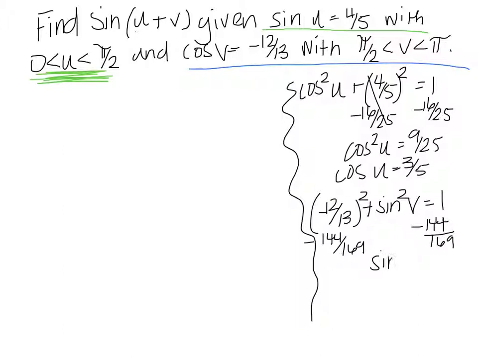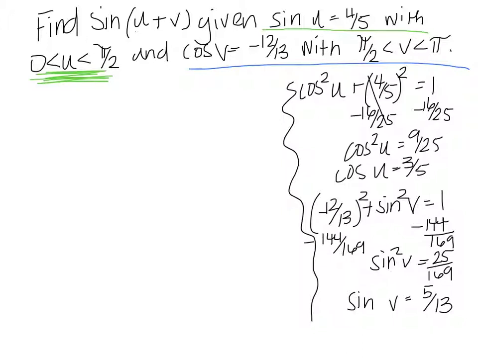What do I get when I do 1 minus 144 over 169? What's 169 minus 144? 25. So I get 25 over 169. So what's the sine of V? 5 over 13.